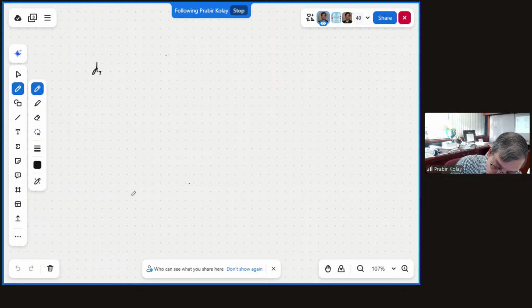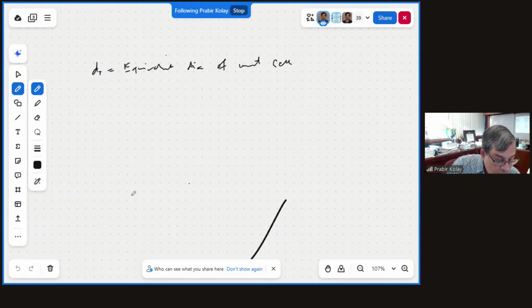The equivalent diameter of the unit cell is equal to 1.13 times S. There are several equations, one for the square pattern and another for the triangular pattern. Here it is 1.13, and how much is S over here? This is 1.5, right?